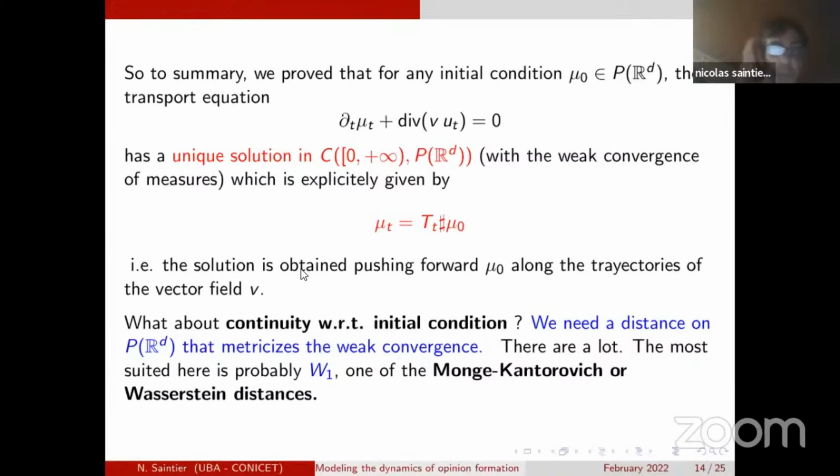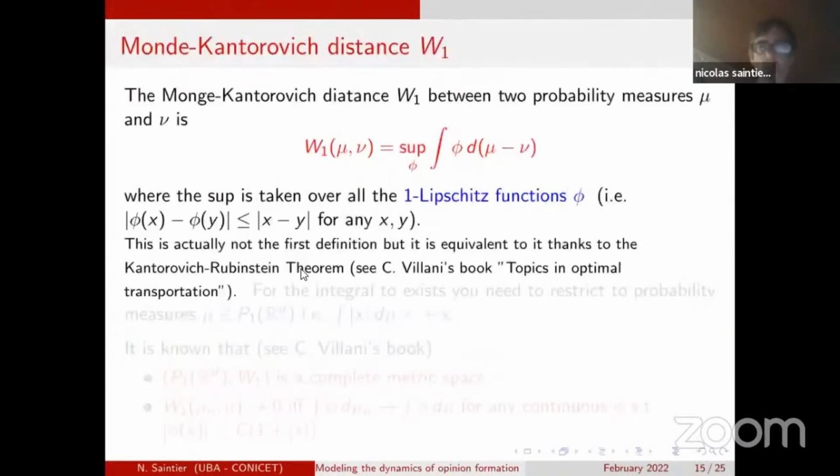You have metrics based on the Fourier transform, introduced by Toscani and Villani at the beginning of the 2000s, which work very well and are very useful too. You have the bounded Lipschitz norm, a variant of W1, which works well when you don't deal with probability measures, but with measures with varying mass, or which can change sign. So there are a lot of them, but W1 is nice to work with.